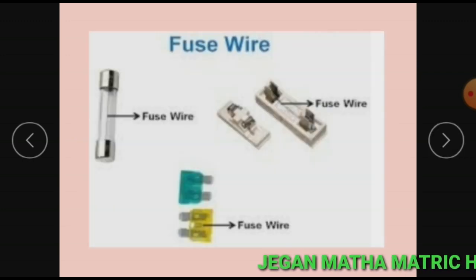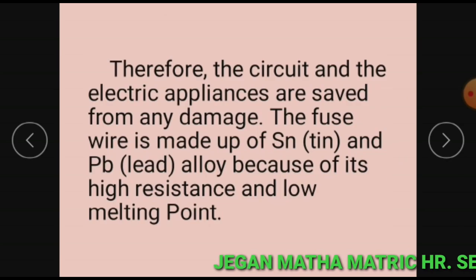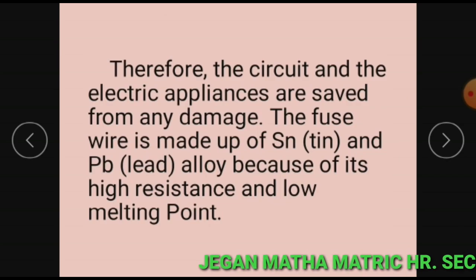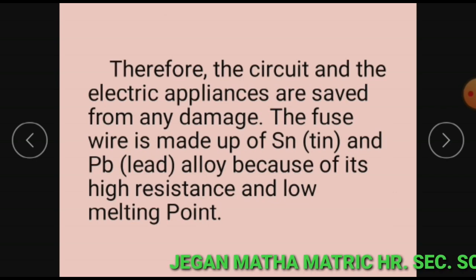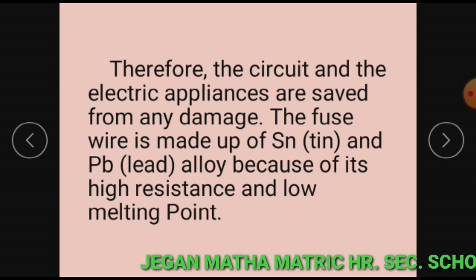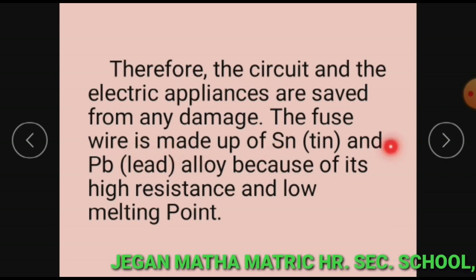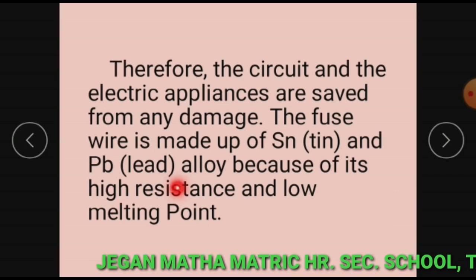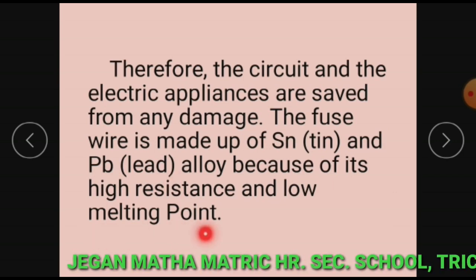In this figure, the fuse wire is shown. Therefore, the circuit and the electric appliances are saved from damage, because the fuse wire is made up of tin and lead alloy, which has high resistance and a low melting point.